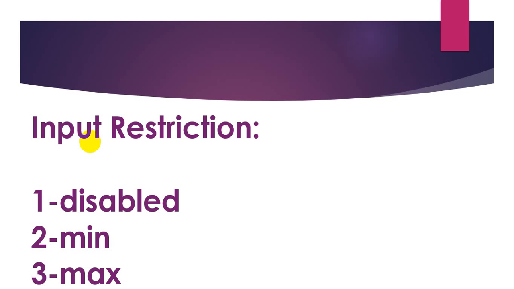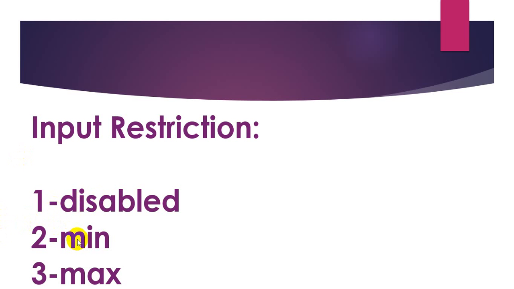Just mention the attribute disabled with input type equal to text or input type equal to number, so that the text box will be disabled. It means you cannot access, edit, or enter any value in this text box where disabled is written.